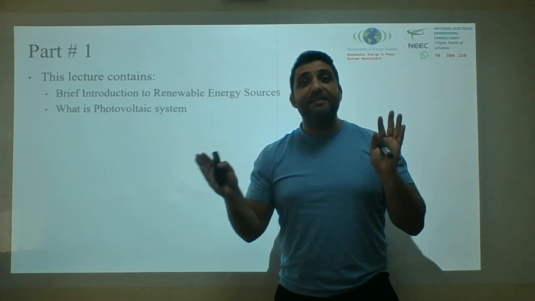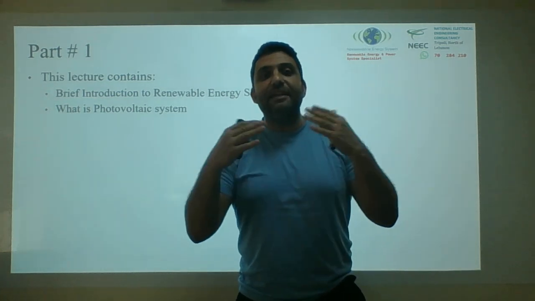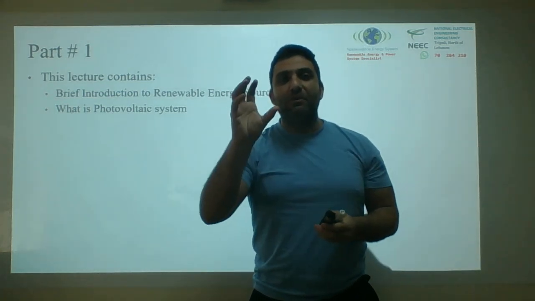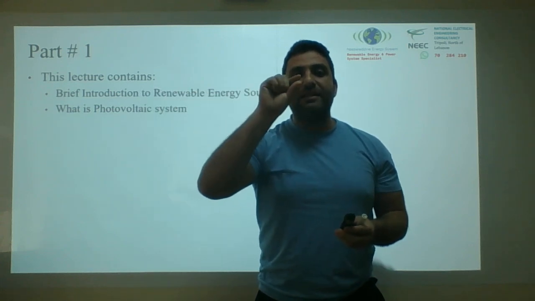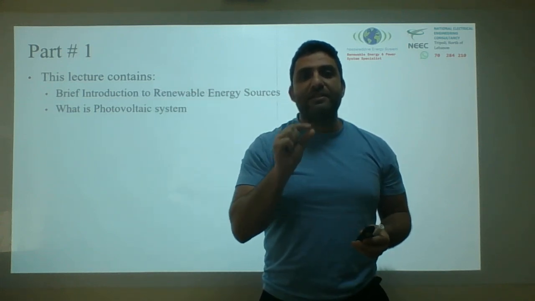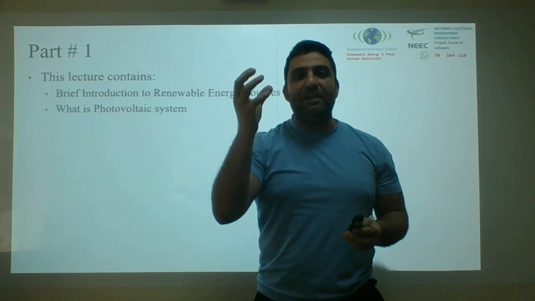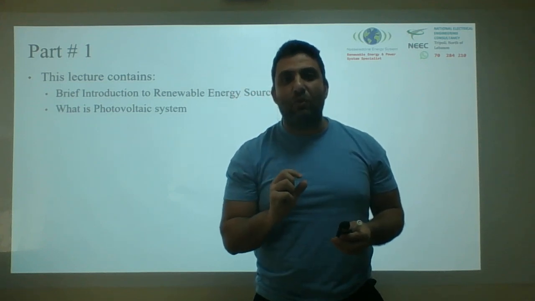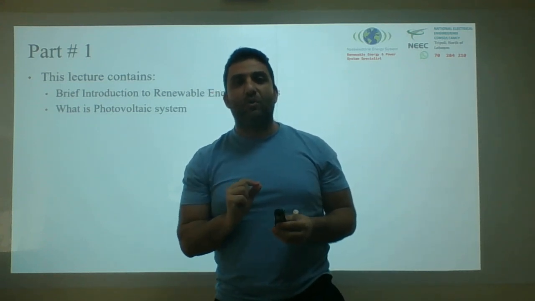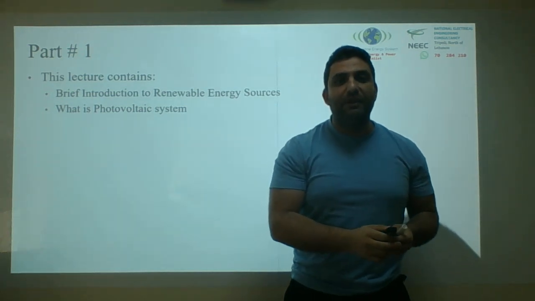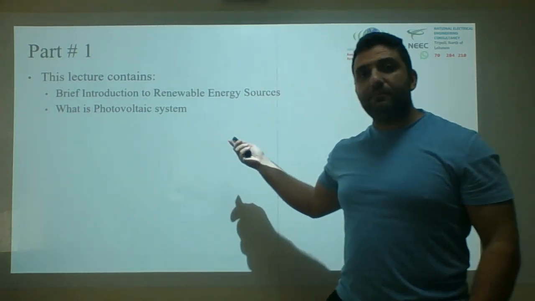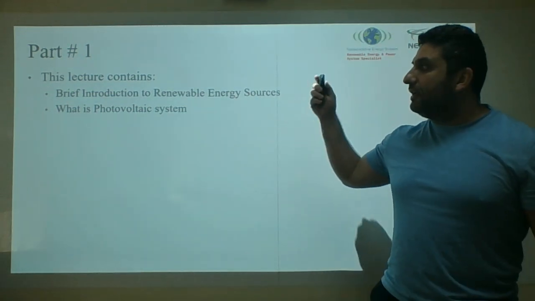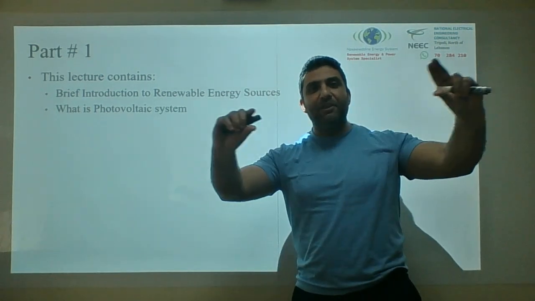Remember, this series doesn't include the chemical information behind the solar cell. How does the solar cell operate? How's the sun energy? What's the amount of sun energy required? What's the joule of the sun energy required to move the photon? It's only a brief introduction to what a PV solar system is.